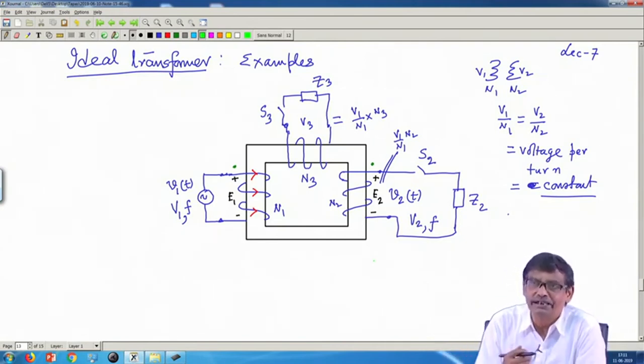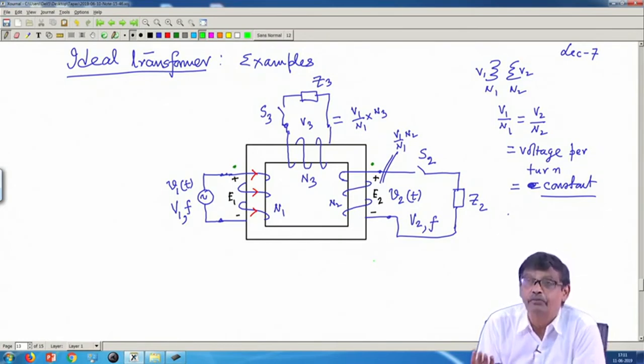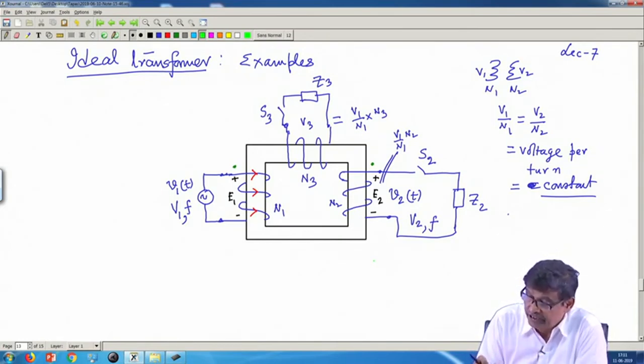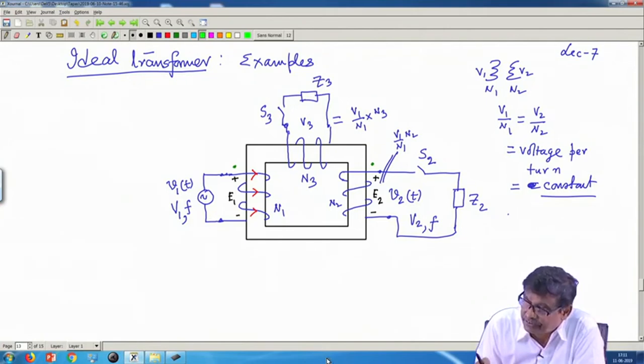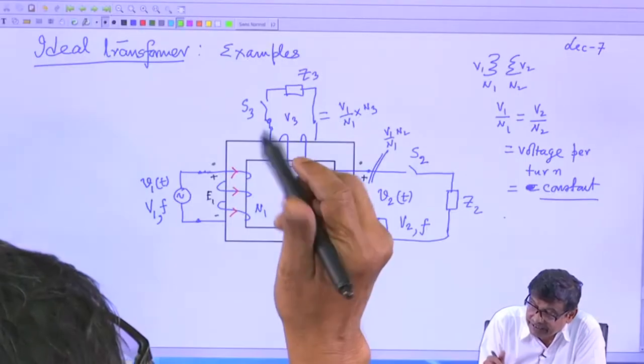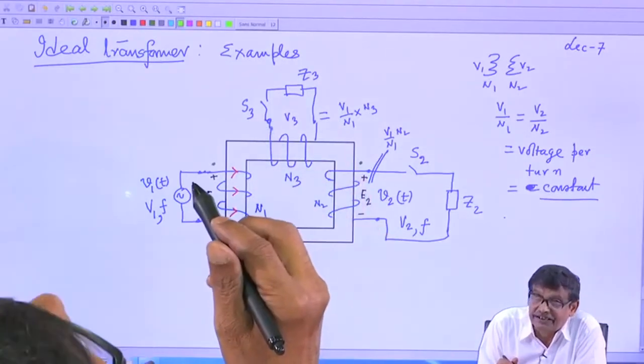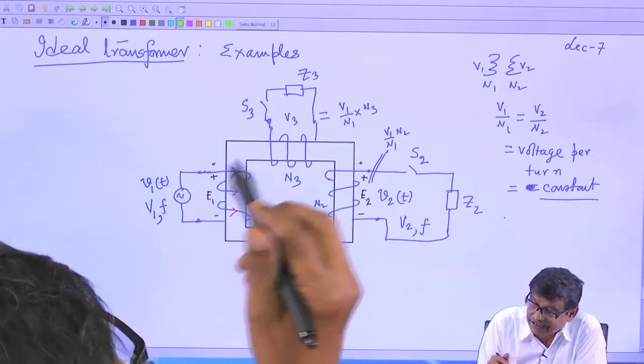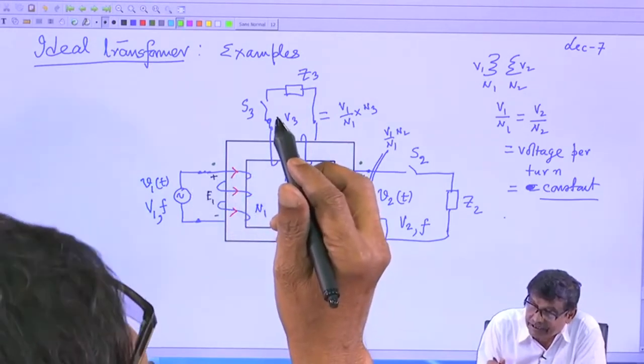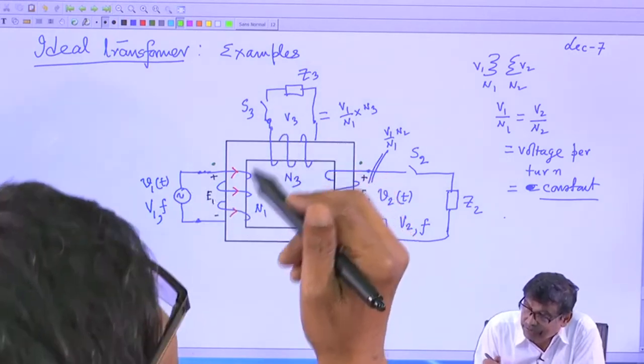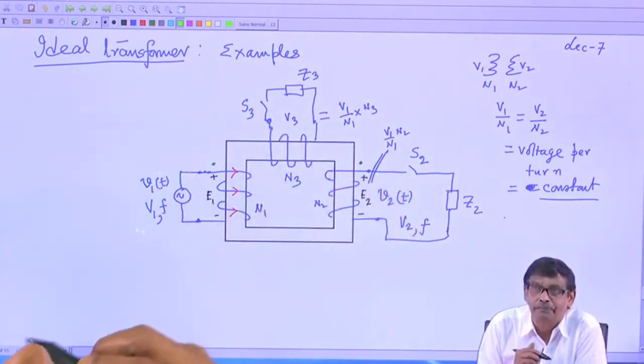Of course, in a 2 winding transformer only 2 windings will be present, but if you do this exercise it will further strengthen your understanding of reflected current. For this current there will be reflected current here, this current divided by this turns ratio. For this current there will be reflected current here. What will be the reflected current? This actual current divided by the turns ratio between these two, and so on.